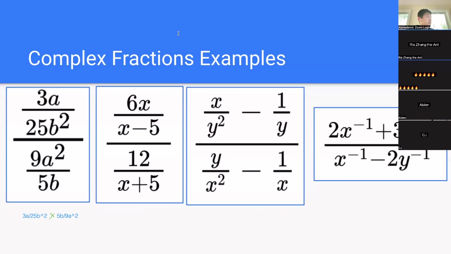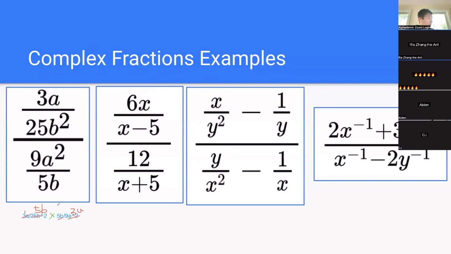After you multiply, you can cancel out numbers from here. From 25b, you can just get 5b. And then from 9a squared and 3a, you just get 1 and you get 3a.